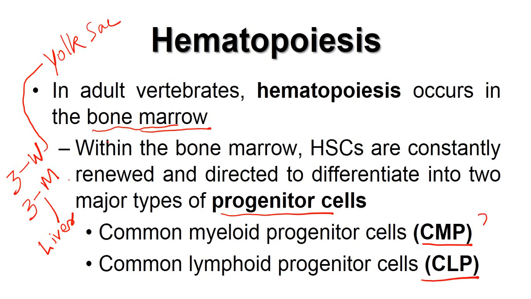During this course of my talk, I will brief you about these two types of myeloid and lymphoid progenitor cells and what products these progenitor cells produce, which in our subject shall be the cells of the immune system.